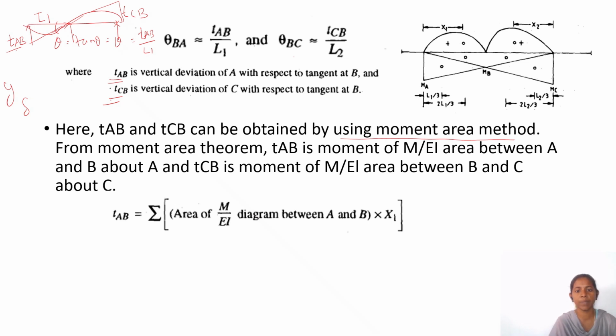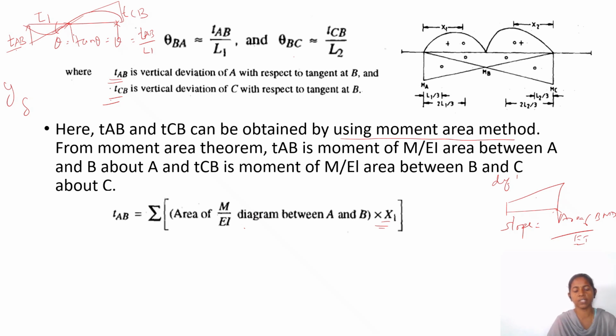What is the moment area method? We are going to draw the bending moment diagram for a given beam section. We consider the area of the bending moment diagram divided by EI. So what is the formula for slope in the moment area method? Area of BMD divided by EI. What is the formula for deflection? Delta equals area of BMD into the centroid distance X1.